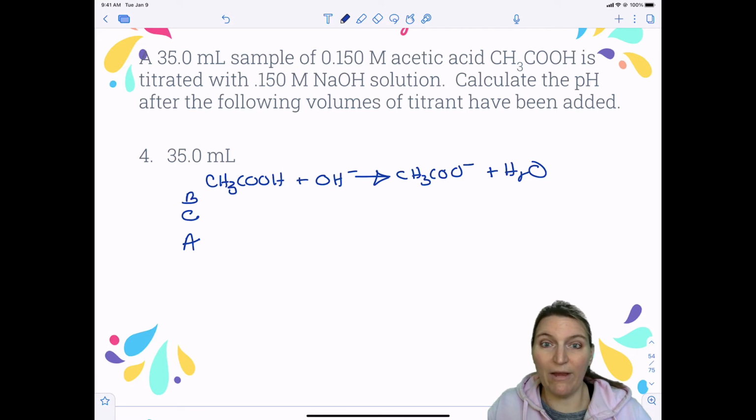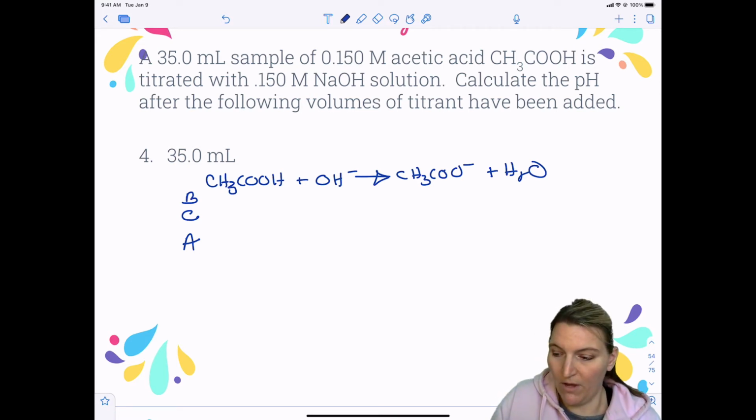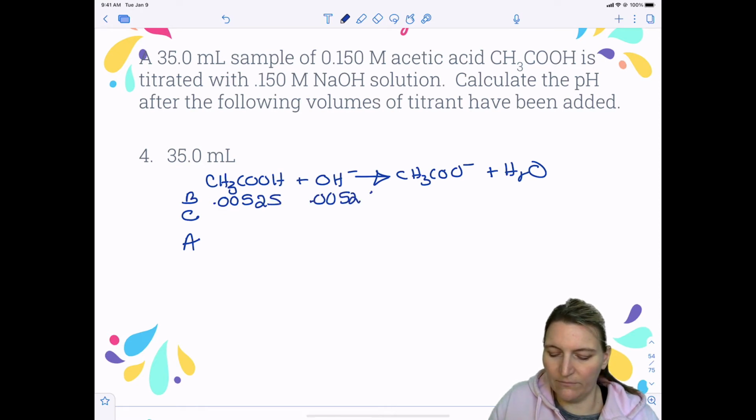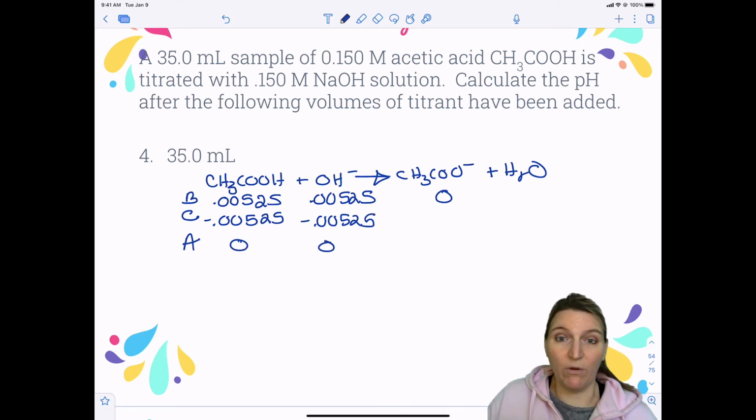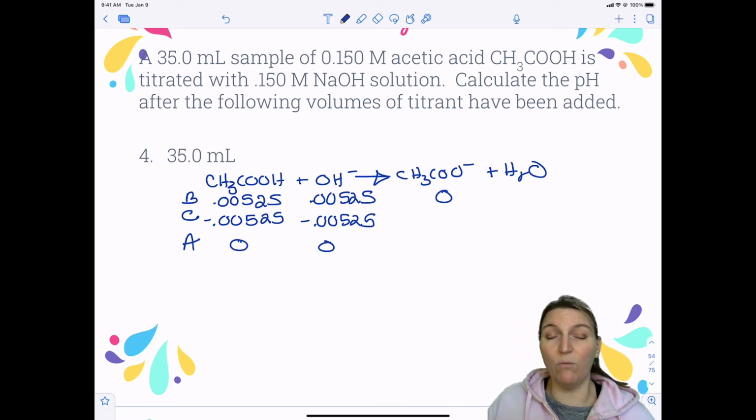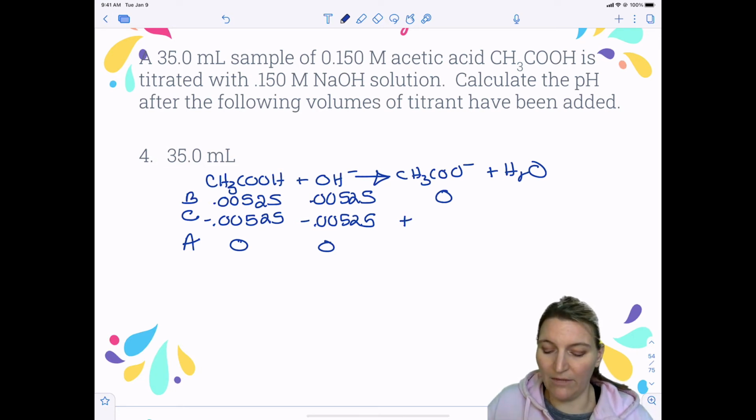And if we take the molarity times the volume, these are both 0.00525. And then they would both go down by 0.00525. And that would mean that at the equivalence point, the amount of moles of those is 0. But this one will go up by 0.00525.